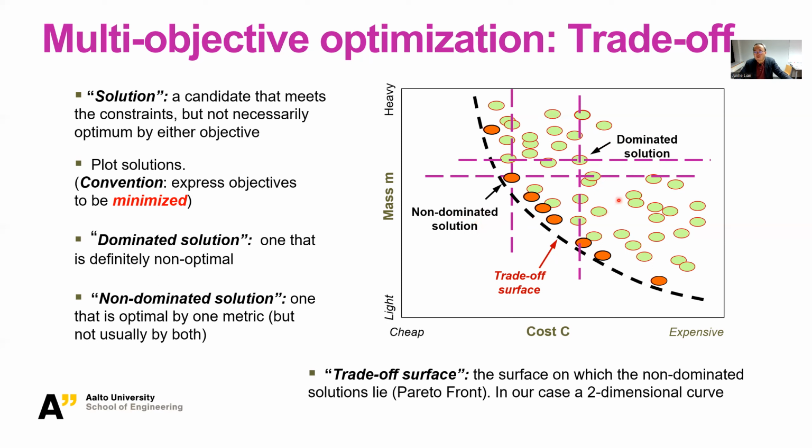What is the difference between those two? You can see the non-dominated solutions are actually optimal in a certain sense. Because here we cannot find an overall optimum, because the best one is right at this corner, since our convention is to minimize things.